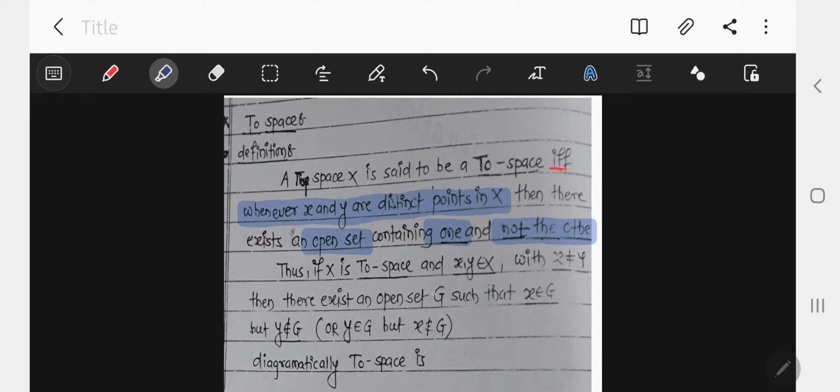That is, for topological space X is said to be T0 space if for two distinct points x, y of X there exists open set G such that x belongs to G but y does not belong to G, or second case is y belongs to G but x does not belong to G.